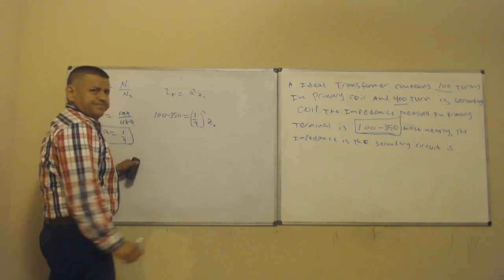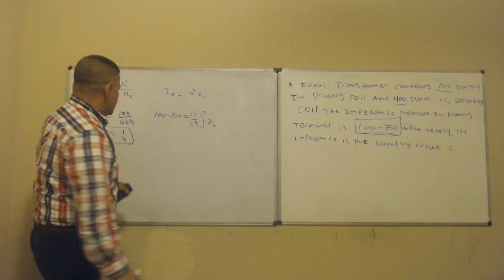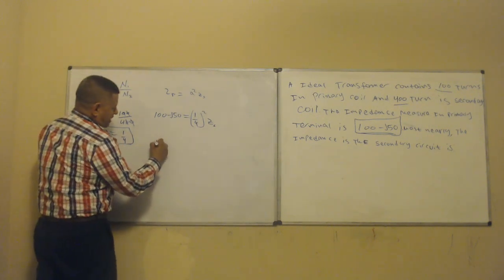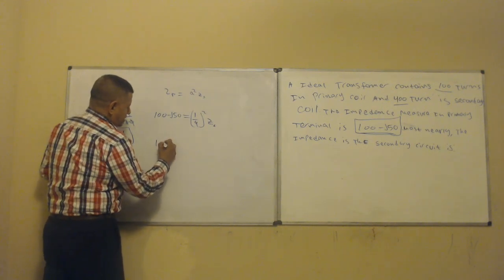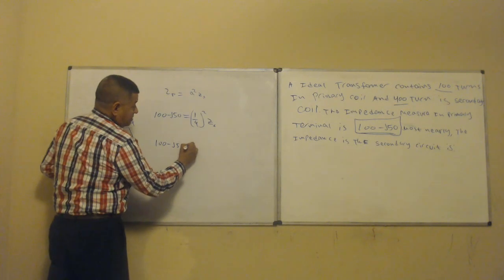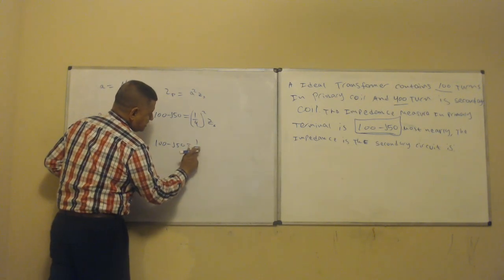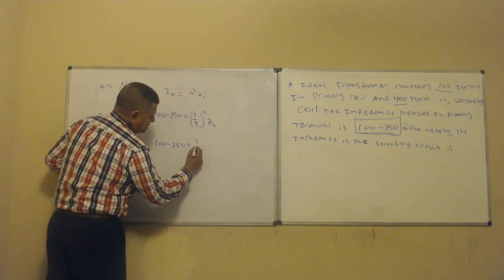right? And CS, we are going to solve for CS. So how do we do that? We write here, step by step, 100 minus J 50, that square is going to be equal to 1/4, 1/16, right?